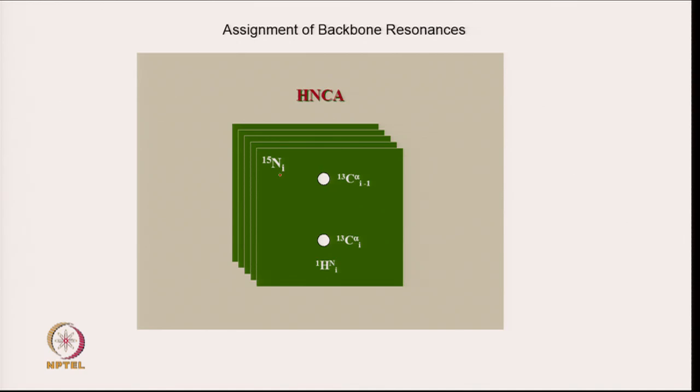So, here what has been done is there is proton on the x axis, carbon on the y axis, and on the z axis you are taking nitrogen, and that is why it is known as the 3D NMR method.